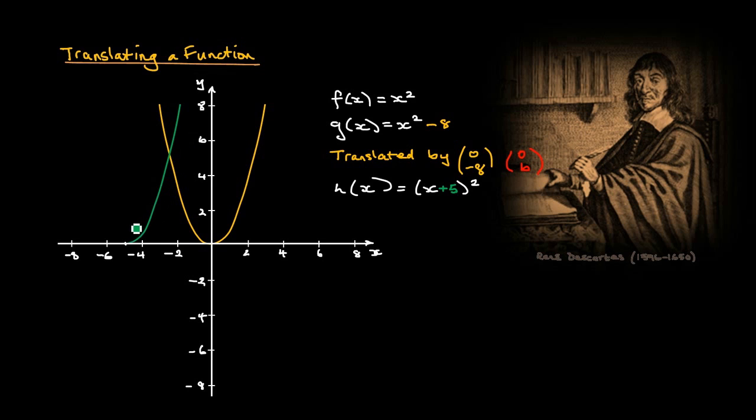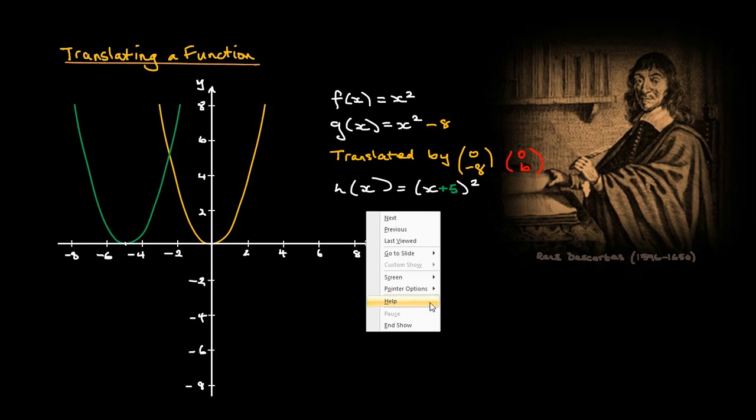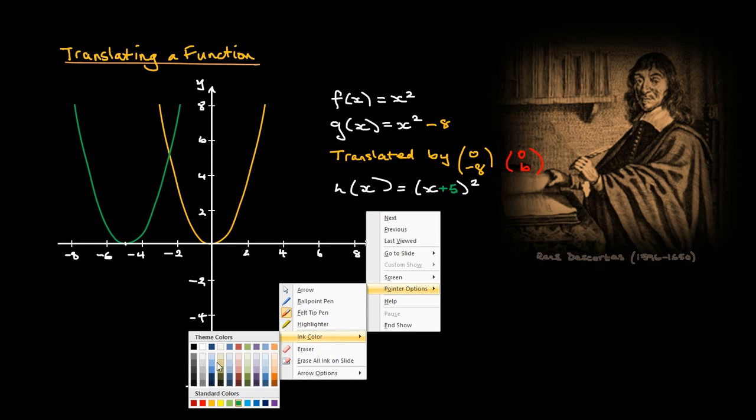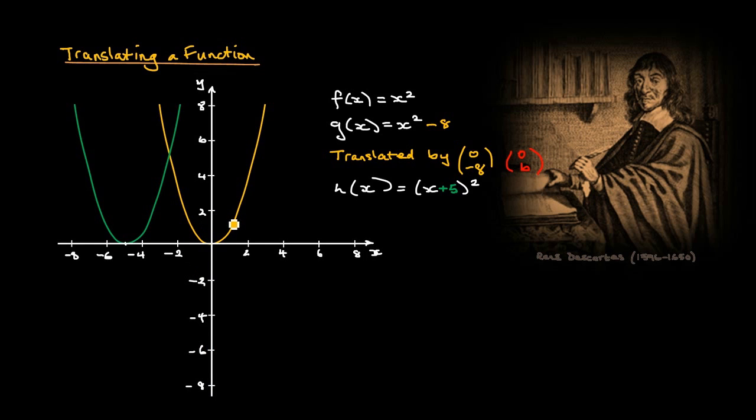Okay, so let's think about what's happened here very carefully, because what we've got is a translation to the left, and yet our number in brackets here is positive, and normally translation to the left is positive. So how have we translated our shape? In this case, a curve, our curve or function.